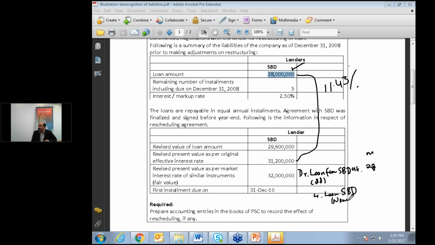This will be treated as a new loan, and that will be credited with 32 million. The balancing figure, balance will appear here. The balancing figure will be debited to the profit and loss account, which is approximately 4 million.